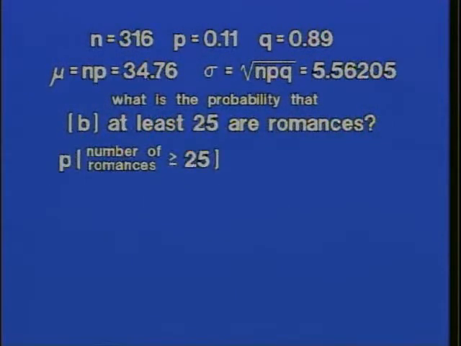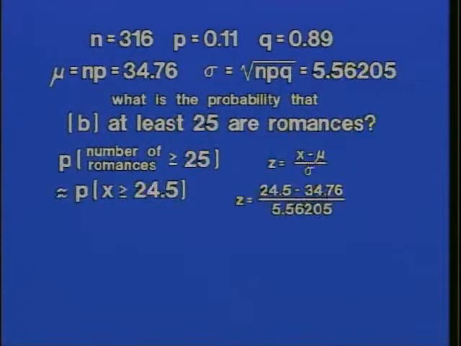So again, we think of it like this. The probability that the number of romances is greater than or equal to 25 is approximately the same as the probability that an x in the normal distribution is greater than or equal to 24.5. Now here we're calculating the z associated with the 24.5, and that z is negative 1.84. So our probability that x is greater than or equal to 24.5 is the probability that z is greater than or equal to negative 1.84.